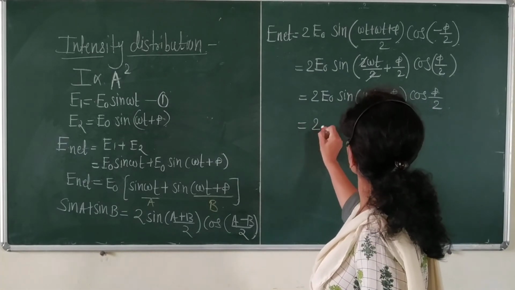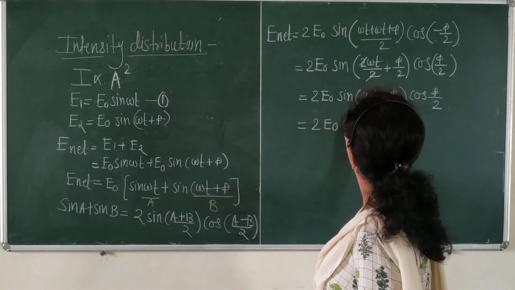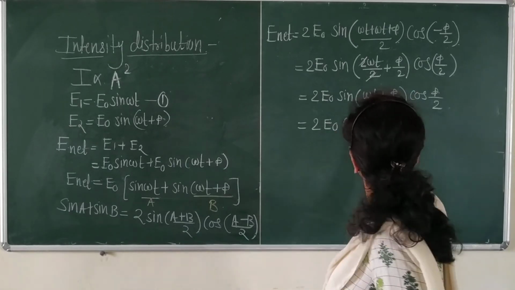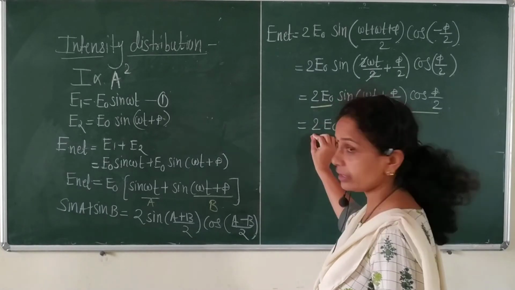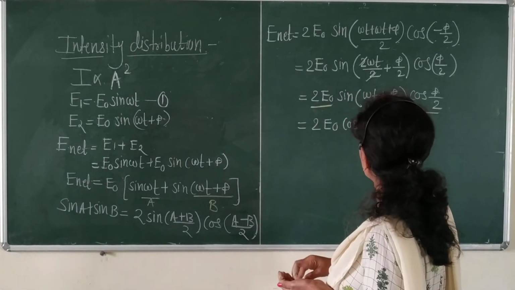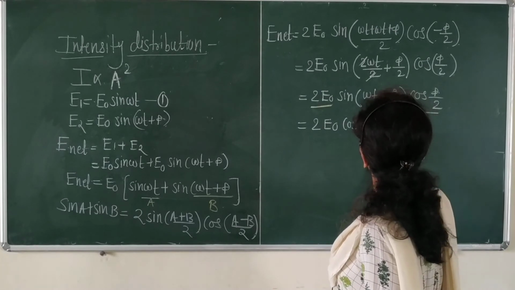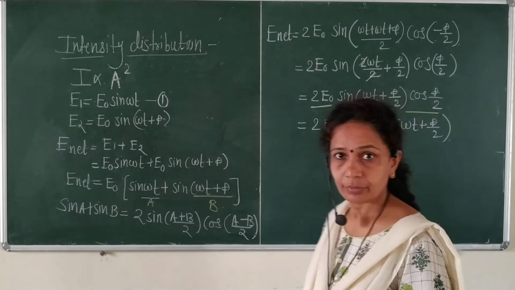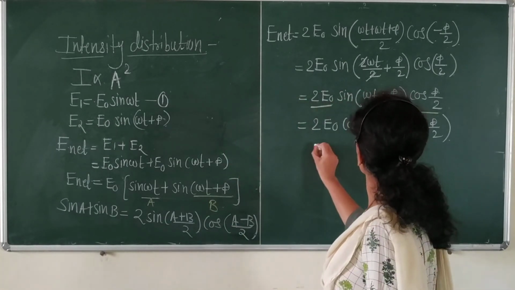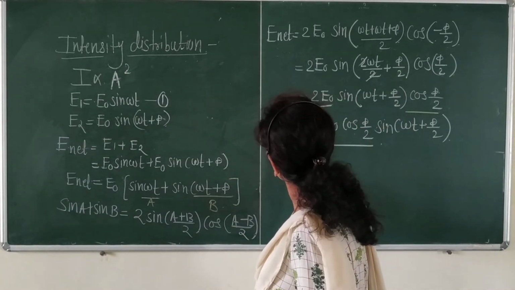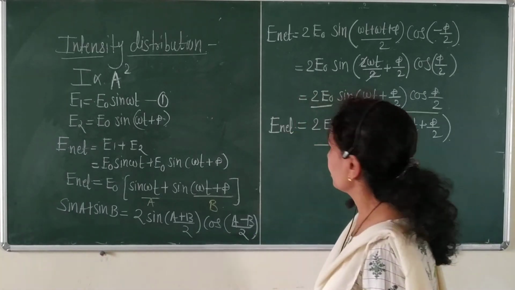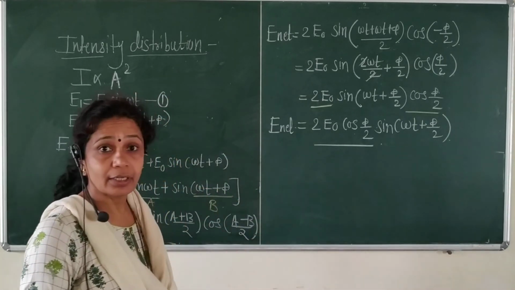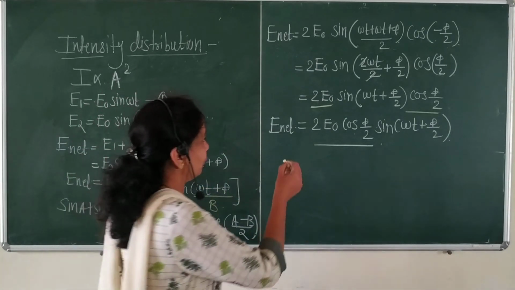We get twice E naught cos of phi by 2 into sine of omega t plus phi by 2. This is the E net. This twice E naught cos of phi by 2 represents the amplitude of the wave.